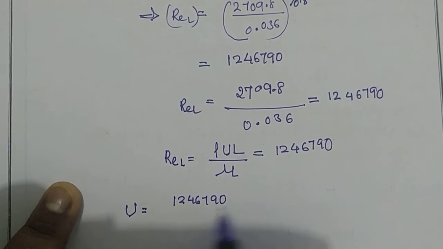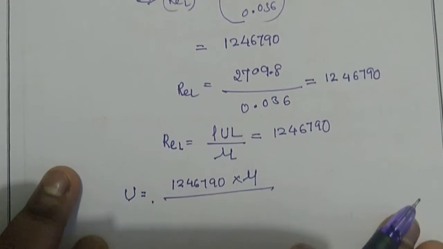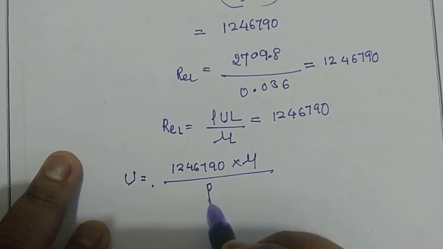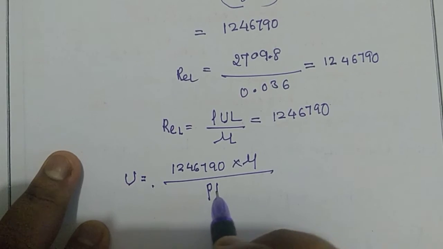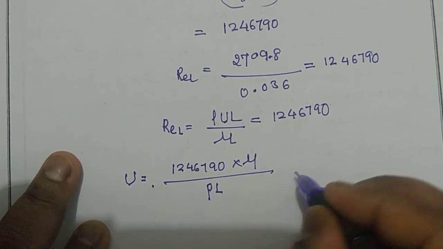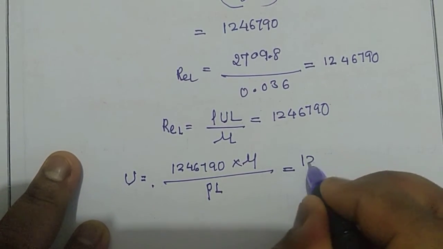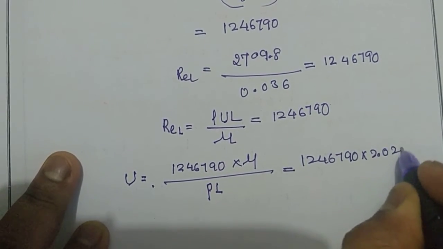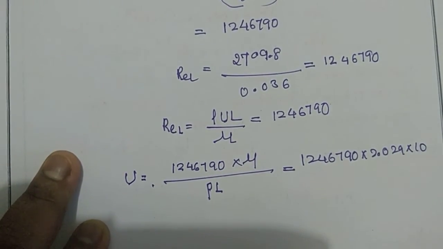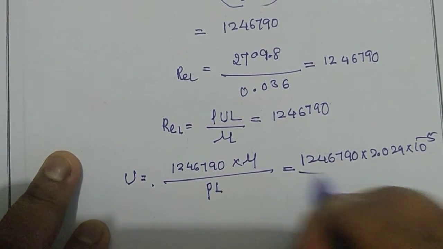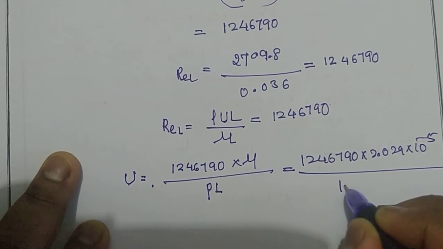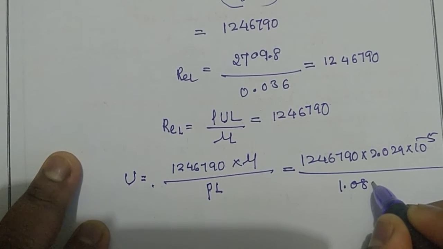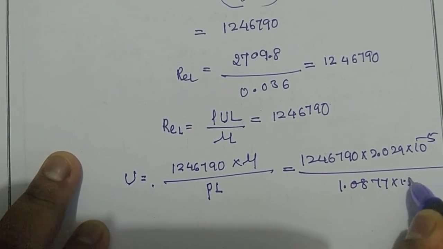And the velocity will be U is equal to 1246790 into dynamic viscosity divided by rho L. This becomes 1246790 into 2.029 into 10 to the power minus 5 divided by 1.0877 into 1.5.